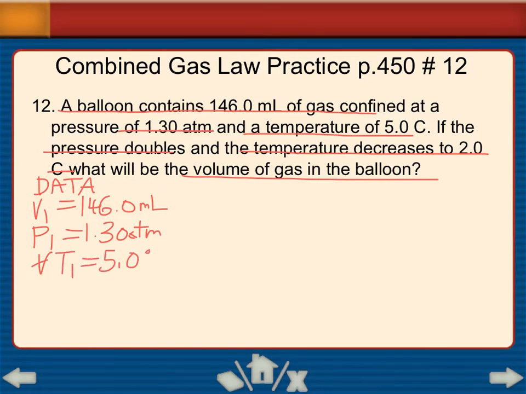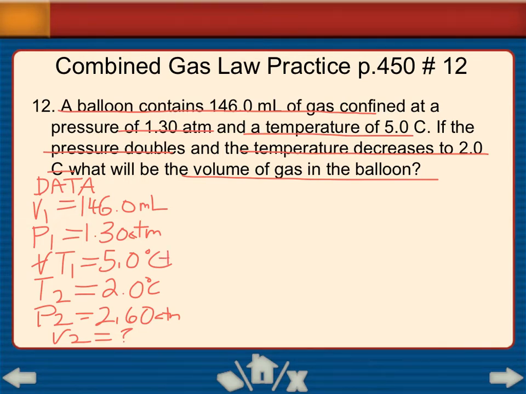T1 is equal to 5 degrees C. Convert to Kelvin by adding 273. T2 is now 2 degrees C, and the pressure is doubled at 2.60 atmospheres. What is V2, the new volume?